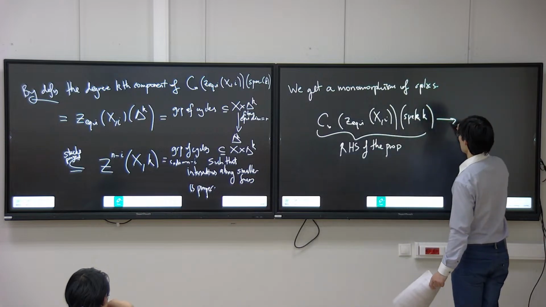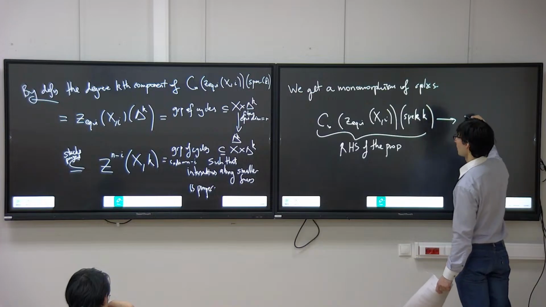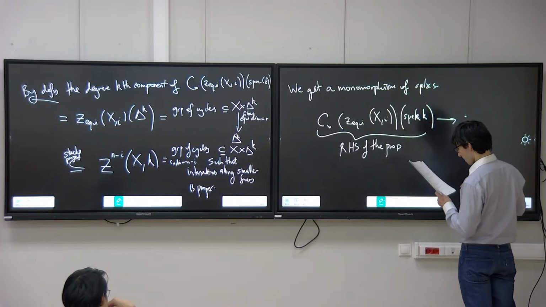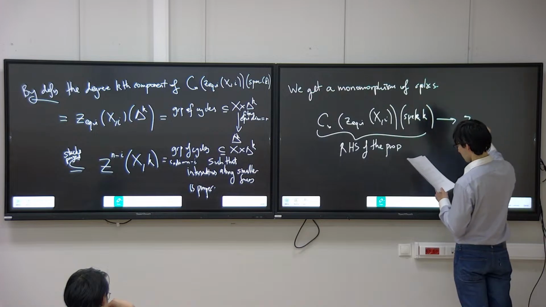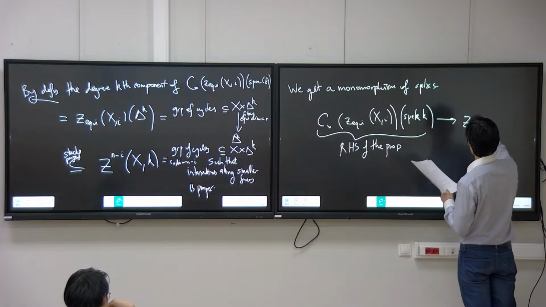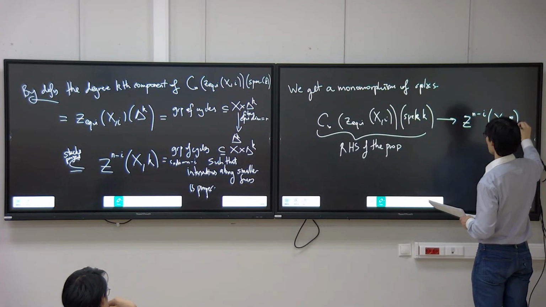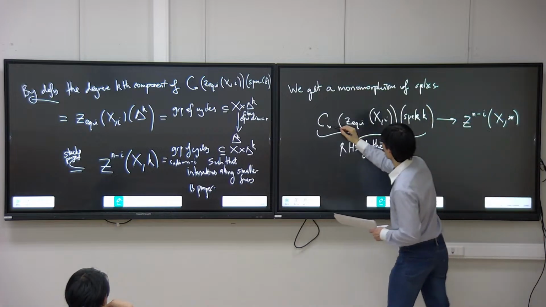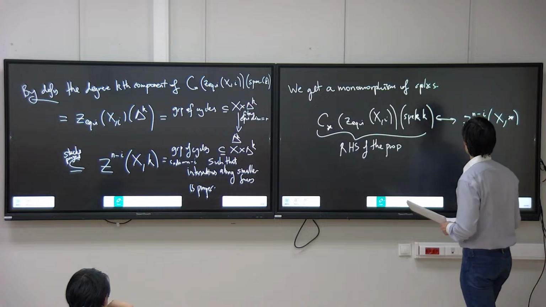And we get a map to, maybe, Z n minus i of X of star, where this star corresponds to here. And this is a monomorphism.